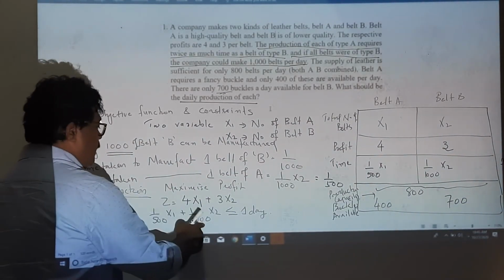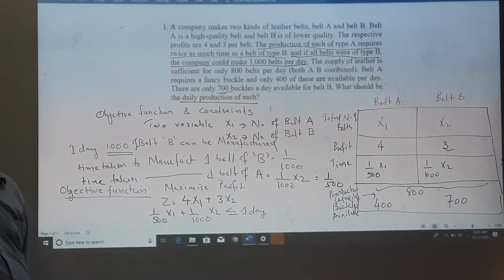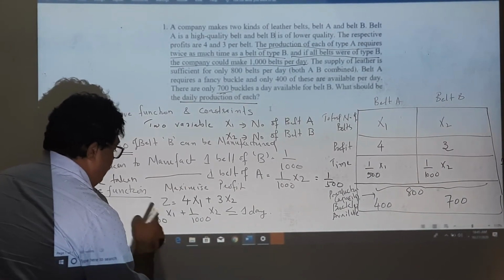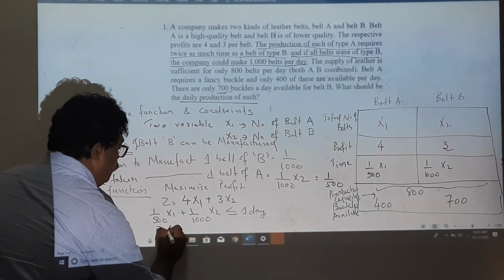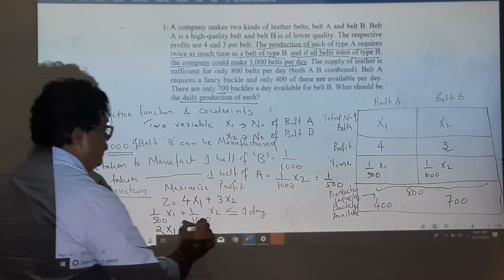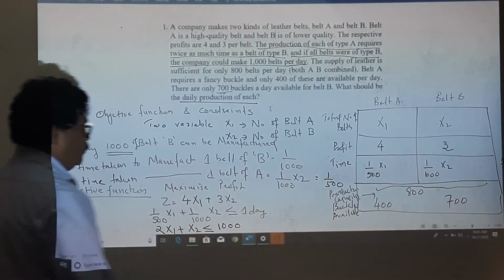If you take the LCM 1 by 1000, you multiply the equation by 1000, what will you get? 1 by 500 into 1000 is 2. So 2x1 plus x2, the 1000 will be cancelled, will be less than or equal to 1000.